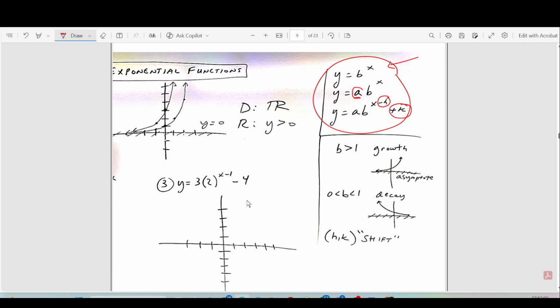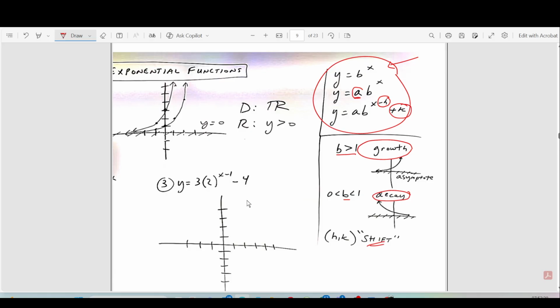So if the base is greater than 1, then it's growth. If b is less than 1 and greater than 0, then it's decay, okay? And h and k represent shift.